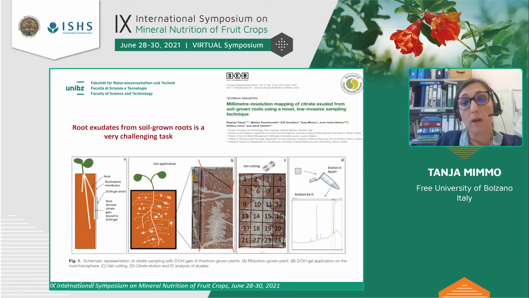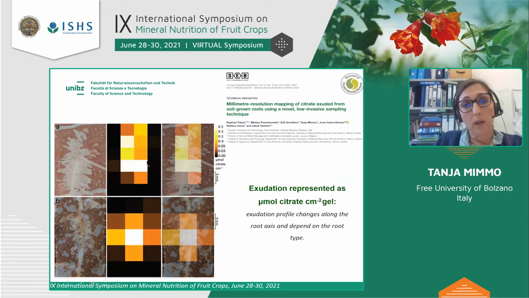So it is also an imaging technique. The result is that you can cut this gel into pieces and analyze it, and the method we developed is based on phosphytrate. It's a specific phosphytrate, and as you can see, this method can generate these nice maps around the roots. Basically what you can see is that root exudation is definitely changing along the root axis, and it also depends on the root type.